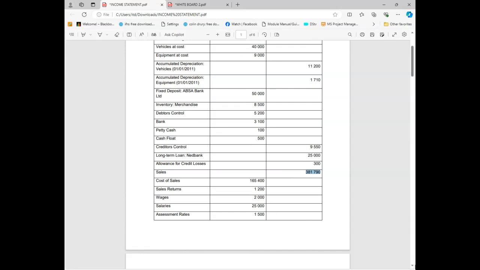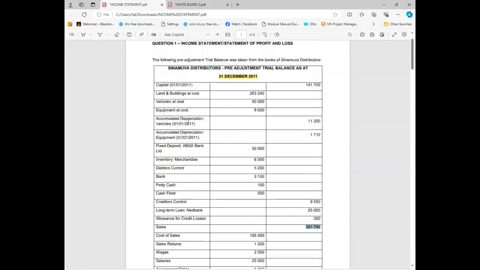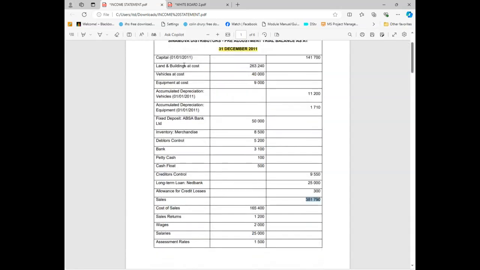Is it true that if you don't know the nominal account section, you can just say that debit is an expense and credit is income? Yes, debit is an expense and credit is an income. That will help you a lot. Just that this trial balance is not divided, because sometimes they give it to you without dividing it into sections.